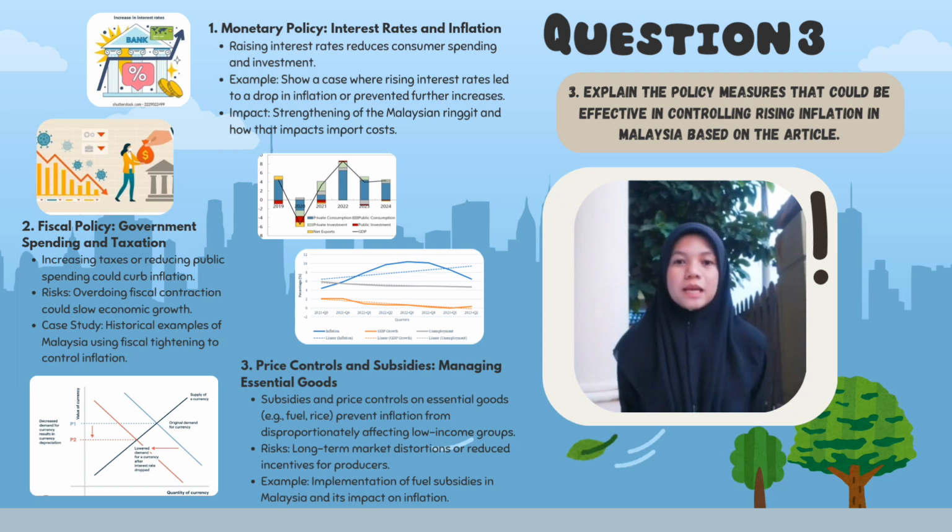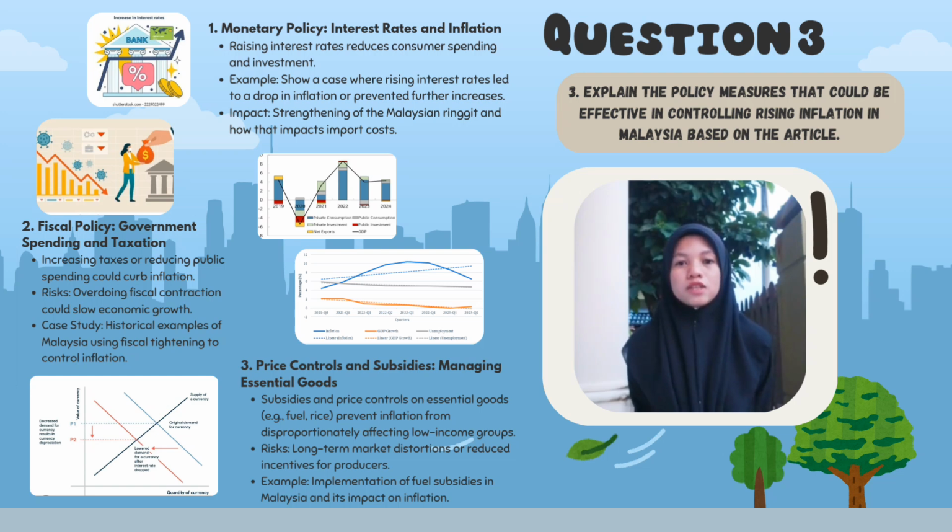Finally, price limits and subsidies could be implemented by the government to keep necessities from rising too high. Inflationary pressure can be lessened, particularly for vulnerable groups, by imposing price caps on necessities like food and fuel, or by offering subsidies to lower costs for producers and consumers.